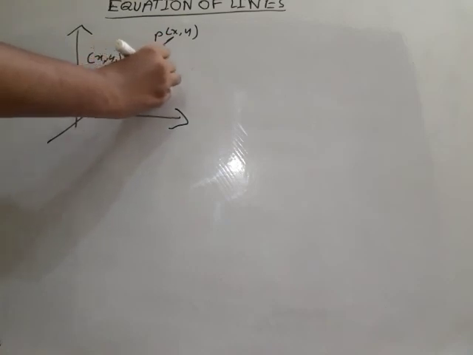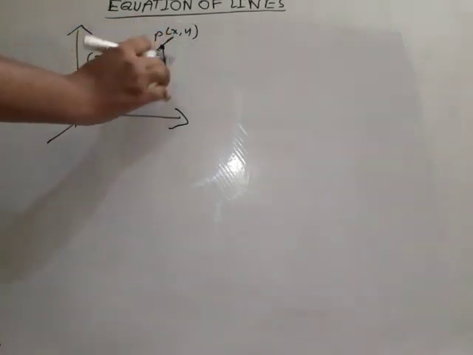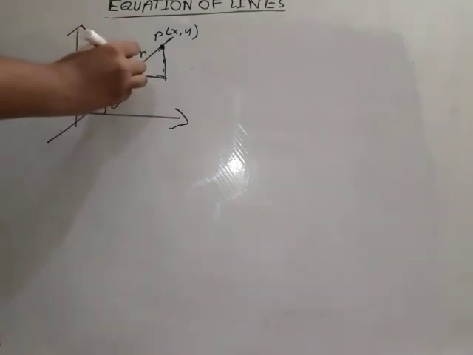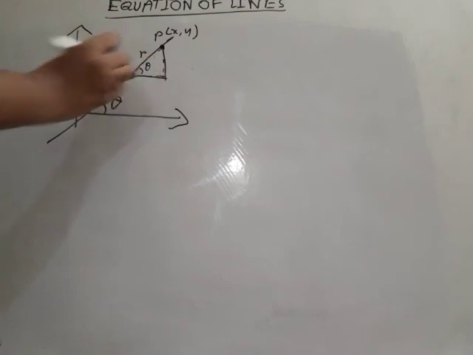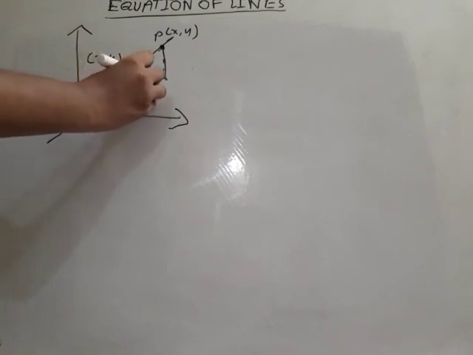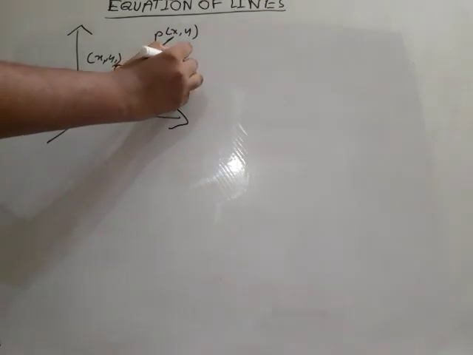We draw a line parallel to the x axis and a line perpendicular to the x axis. These two intersect at some point. We don't have to deal with the point, we just have to see that this angle and this angle are the same. This is also theta. So the distance from this point to this point comes out to be r cos theta, and from this point to this point comes out to be r sin theta.